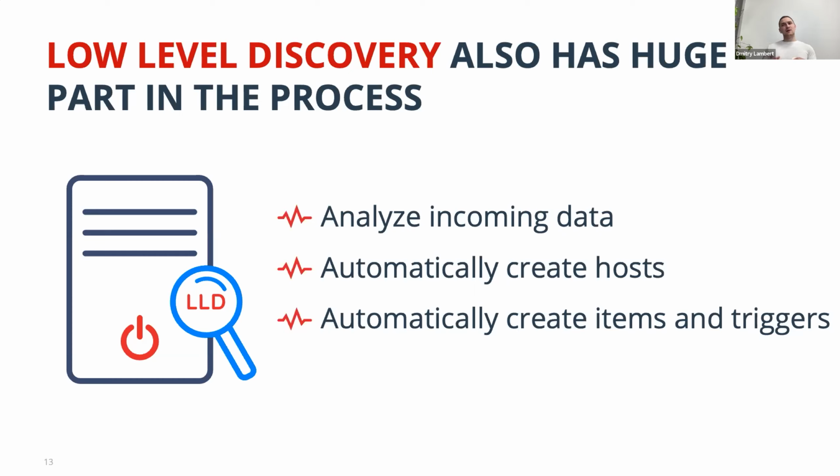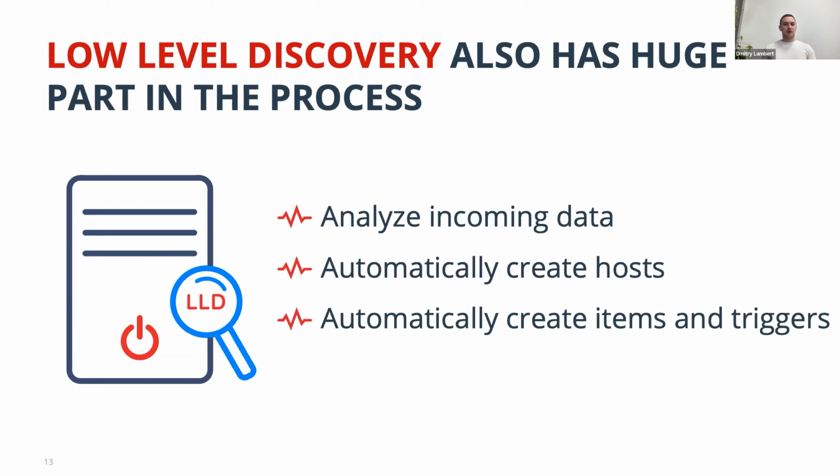Then this host is automatically linked with a template, which also comes out of the box with cloud monitoring, but this template is to discover, as an example, the file systems on our EC2 instances. So a new host is created representing one single EC2 instance, and the template is linked automatically, which is discovering the file systems.